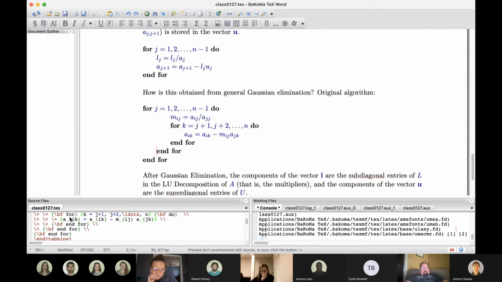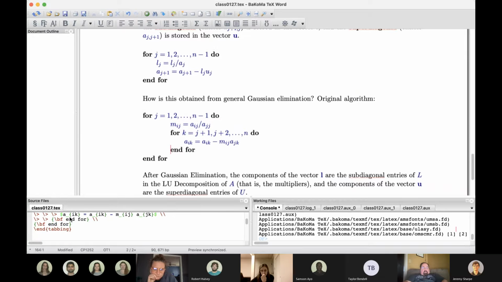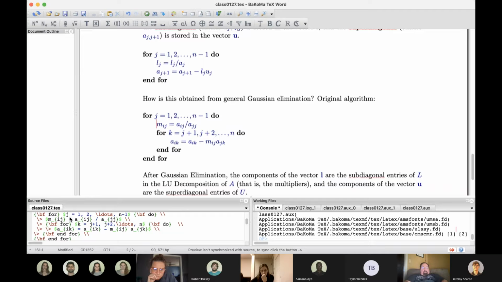Whoops, did I delete the wrong one? Yeah. All right, and then I'll unindent. Okay, so throughout this, i is just going to be equal to j plus 1, so I can fill that in wherever I have it.